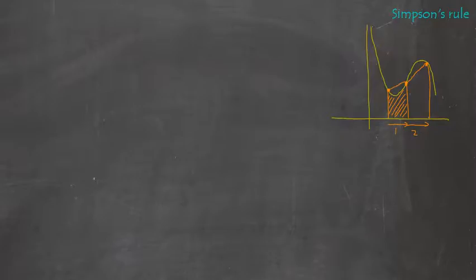If we're able to make the same approximation, only this time with a quadratic or a second degree polynomial at the top rather than the trapezoid, then I get that much closer to the actual area under the curve.